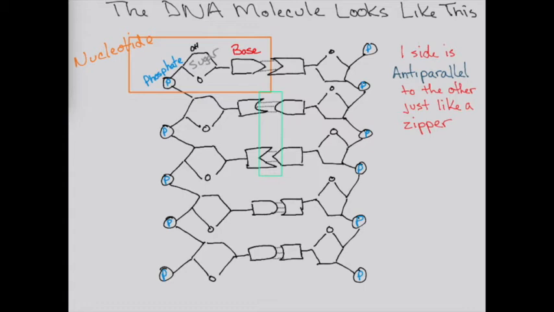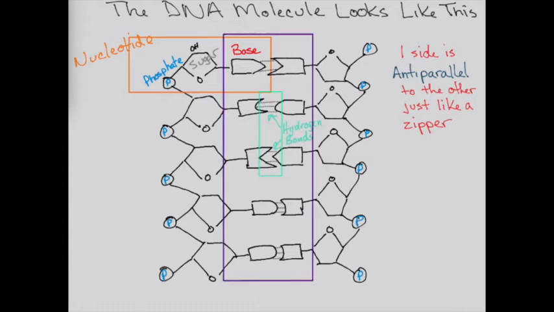The bonds between the nitrogenous bases are hydrogen bonds. And there are 3 bonds for one specific pairing and only 2 bonds for another pairing, which I'm not going to tell you yet because it'll give it away.